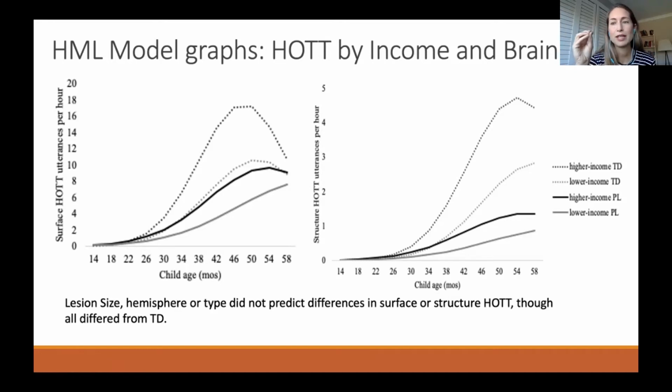It seems to be something about the alchemy of income. So we see the higher income families, both for typically developing children and those with pre and perinatal lesions, outperforming their peers, but we do see a big difference between the typically developing and brain injured children.